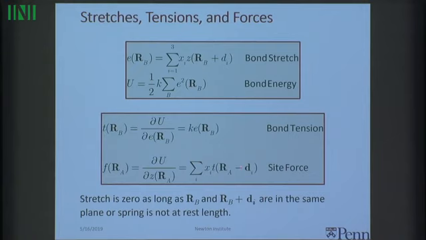So now you can see that these two sets of equations define for us a linear relationship between E and Z. And this defines a linear relationship between the tensions, which are defined by this, and the forces. So now we have the same thing we had before, that we have a matrix that takes E to Z, and a matrix that takes T to F, and they are transposes of each other.